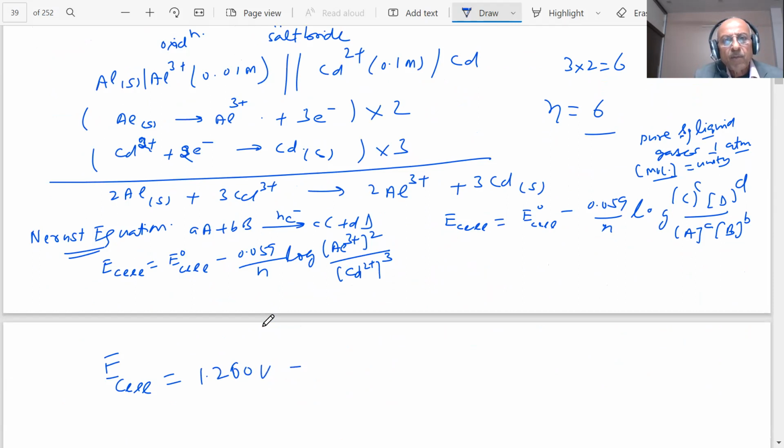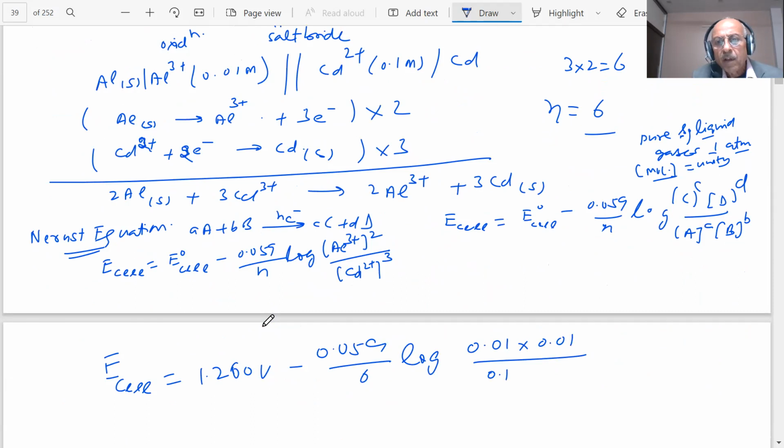So 1.260 volt minus 0.059 by 6, log of aluminium, 0.01 into 0.01, and cadmium is 0.1 into 0.1 into 0.1. So this is 10 to the minus 4, and this is 10 to the minus 3. The answer will be 10 to the minus 4 plus 3, that is 10 to the minus 1.